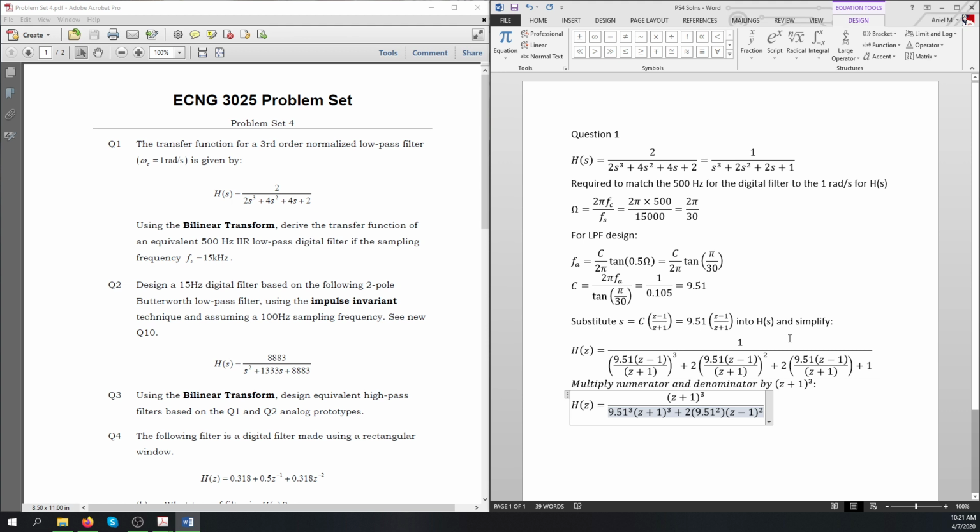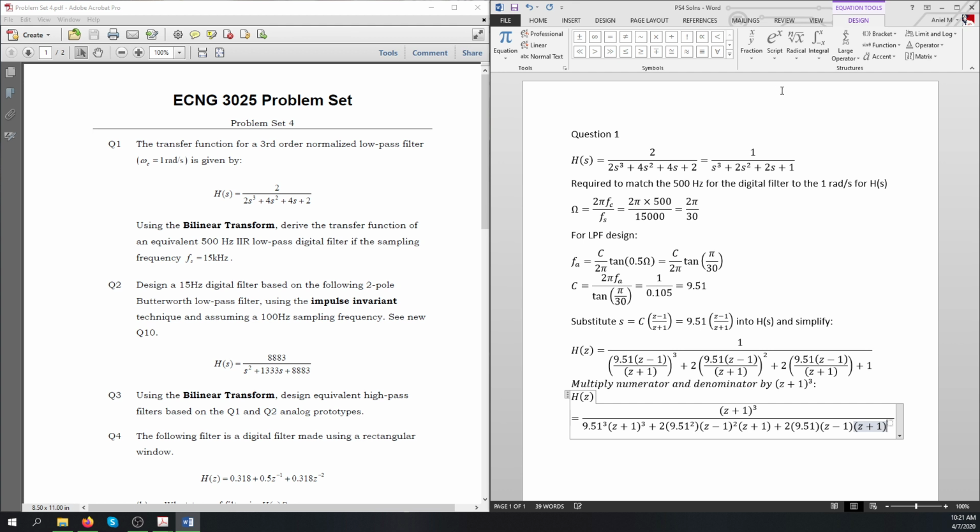Because we're multiplying by z plus 1 all cubed and there was a z plus 1 all squared, that means the remainder here is going to be a z plus 1 on the numerator of this part here, plus 2 into 9.51 into z minus 1, z plus 1 all squared, plus z plus 1 all cubed.